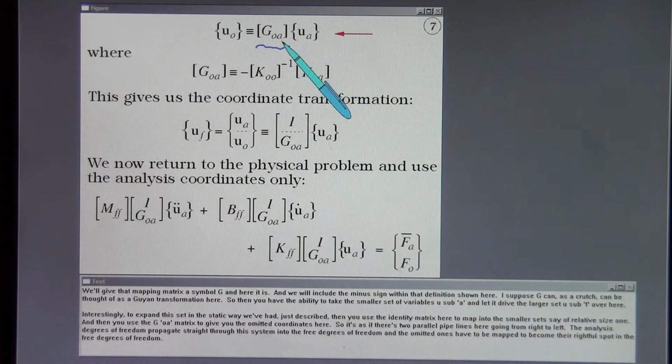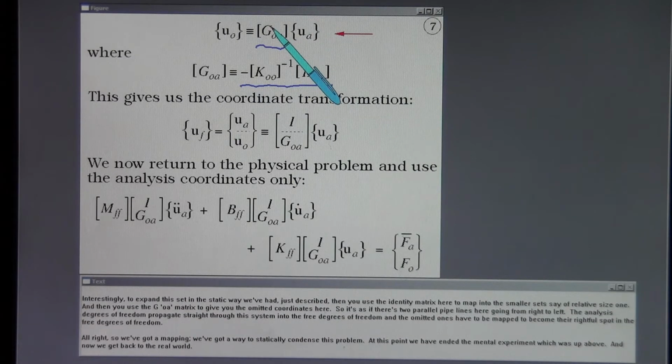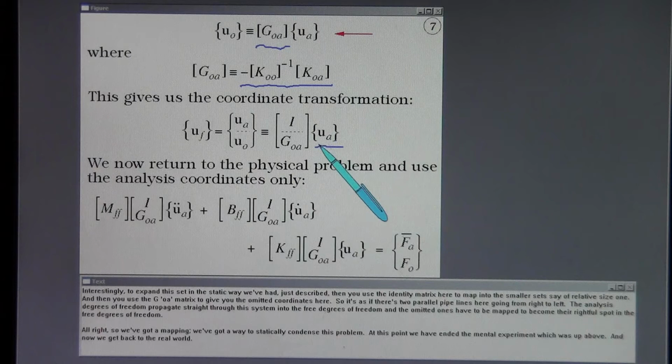And we will include the minus sign within that definition shown here. I suppose G can, as a crutch, be thought of as a Guyan transformation here. So then you have the ability to take the smaller set of variables U sub A and let it drive the larger set U sub F over here.